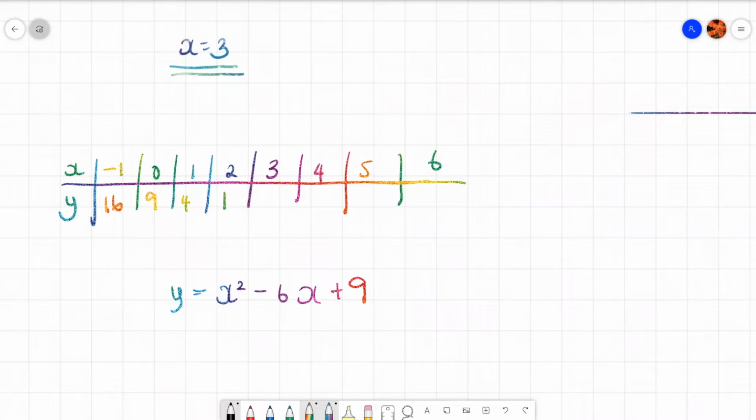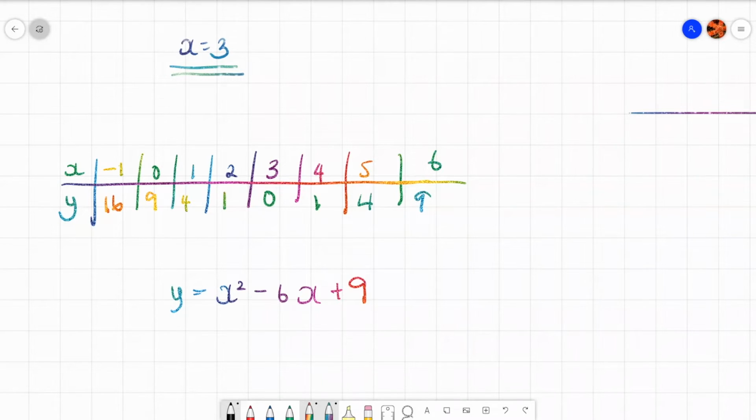Then I've got 3 squared is 9. Take away 6 times 3, add 9 is 0. I've got 4 squared, which is 16. Take away 6 times 4, add 9 is 1. 5 squared is 25. Take away 6 times 5, add 9 is 4. And you can see it's symmetrical, so the next one is going to be 9.